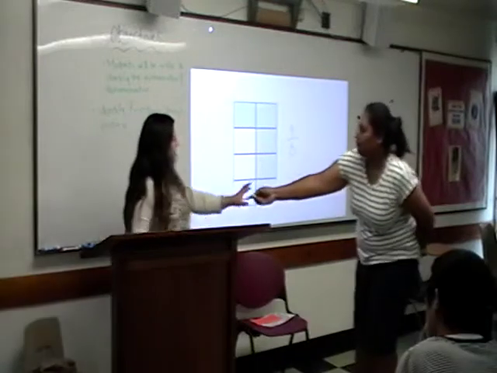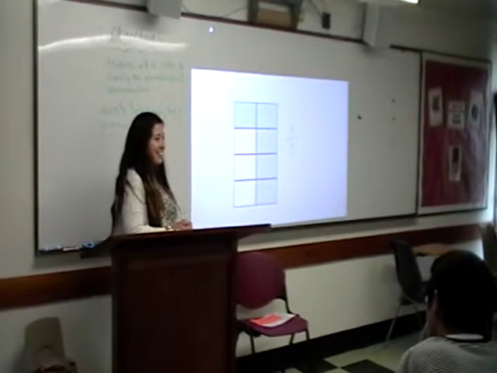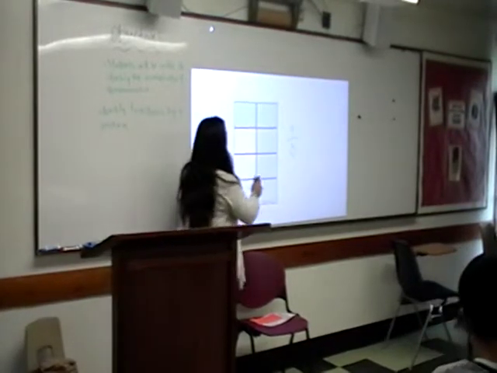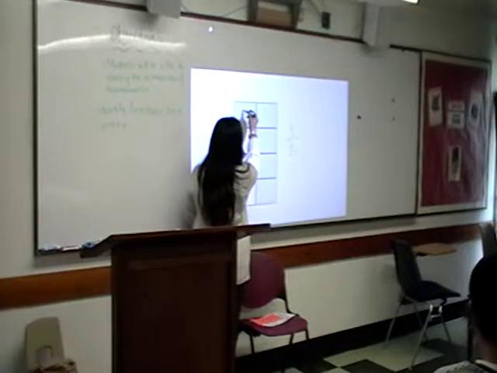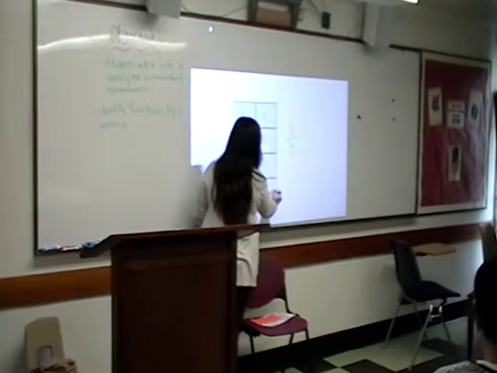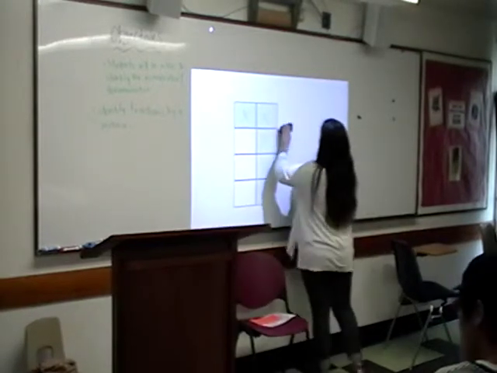Okay, 4 out of 8. Class, is she correct? No. A little bit of a mistake. Okay, so how many are shaded? 1, 2, 3, 4, 5. So it's really close. But the fraction is 5 over 8.